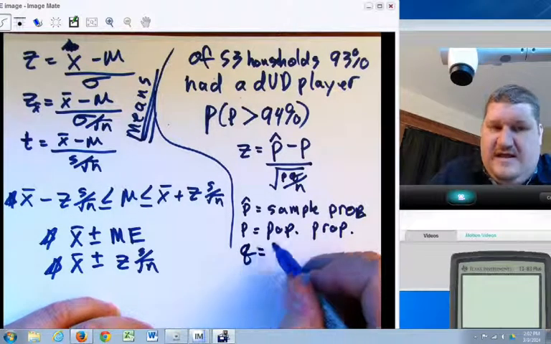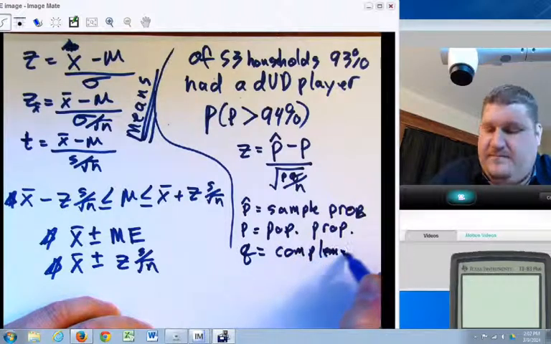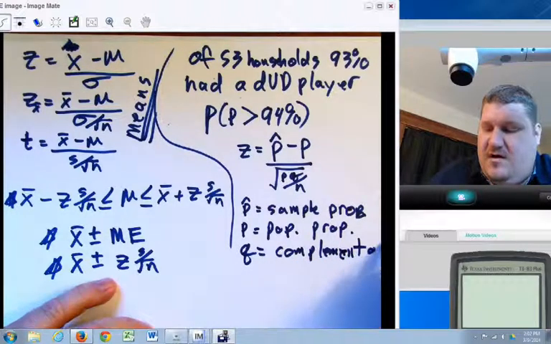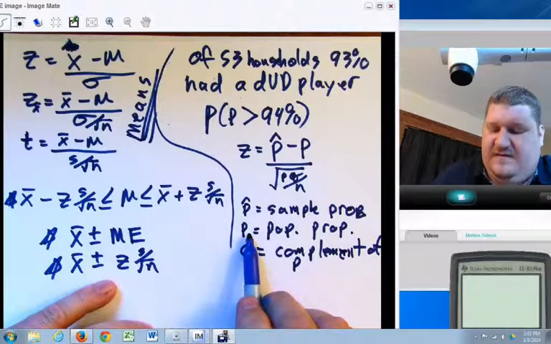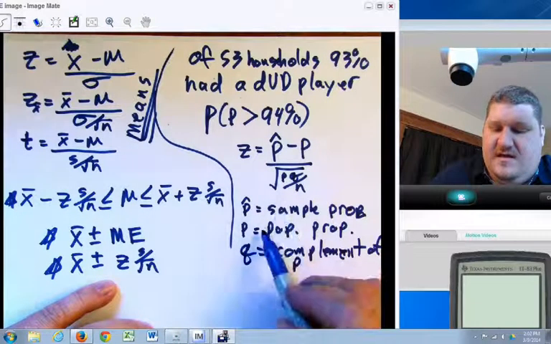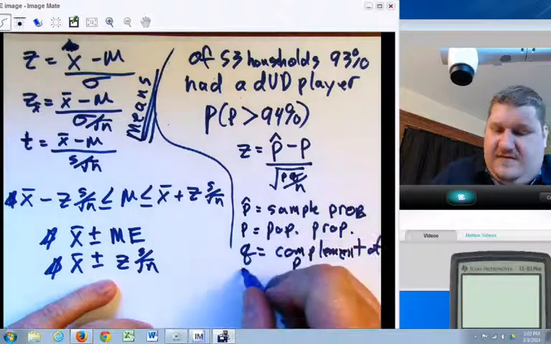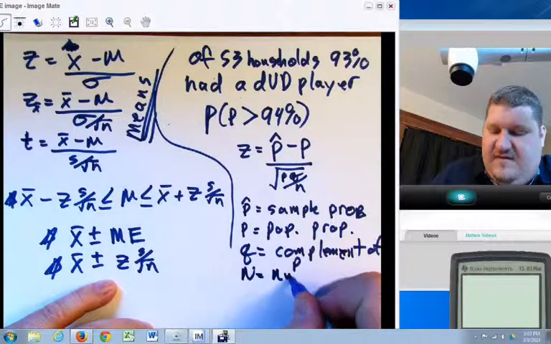Q is the complement of P. So if this is 93%, as you see here, this is going to be 7%. And finally, of course, n is the number of households.